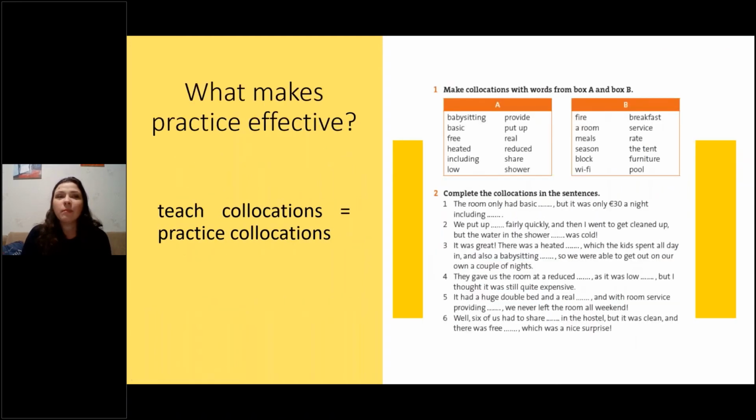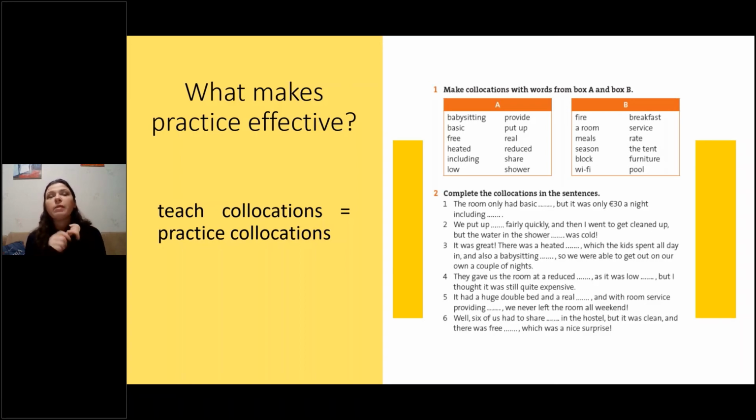What makes practice effective? If we're talking about teaching collocations, that it's more helpful, more effective for students to remember not just words individually, but how it collocates with other words, we need to practice also collocations, not just the words.